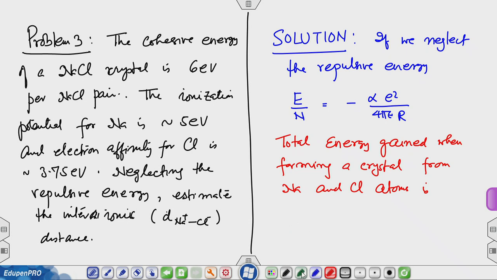So, I have minus alpha E square over 4 pi epsilon naught r as the energy gained when these ions come together and form this lattice.